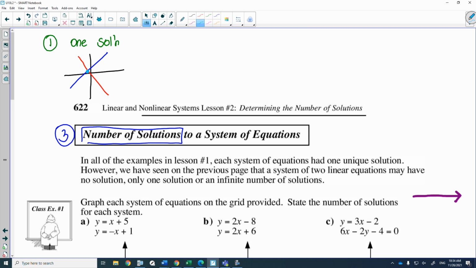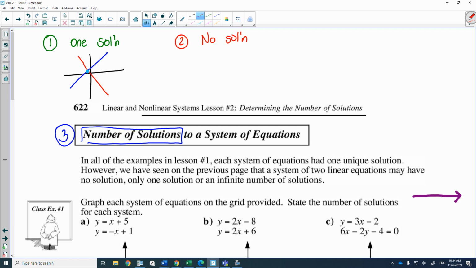The second case is you could actually graph 2 lines and have no solutions. Does anybody know how that would be possible? They have to intersect to have a solution. So how could you have 2 lines on a grid that would never intersect, which would leave you with 0 solutions?